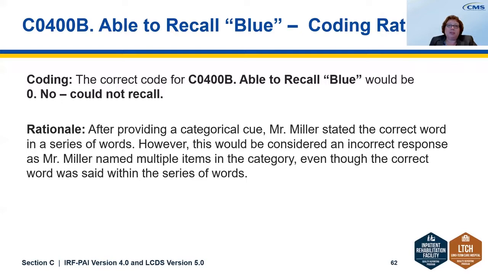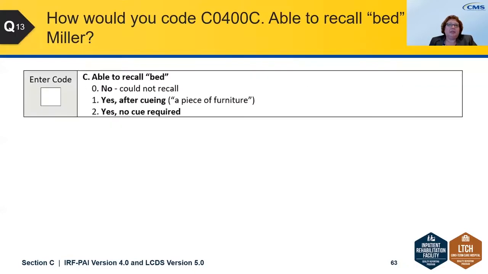However, this would be considered an incorrect response, as Mr. Miller named multiple items in the category, even though the correct word was said within that series. But because it was said after providing that categorical cue, we really can't give him credit for that. So I hope that helps clarify that concept that you're going to find in the guidance.